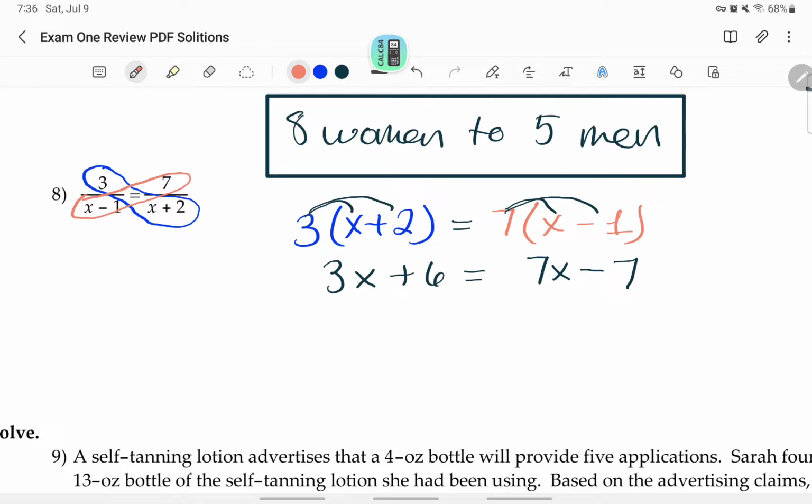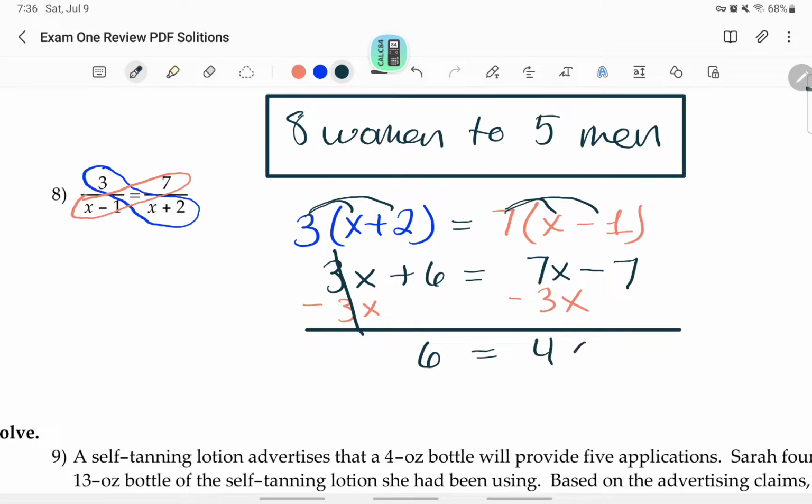Let's keep x positive. We're going to subtract 3x from both sides. All right. These canceled out. So I'm left with 6 is equal to 7x minus 3x.